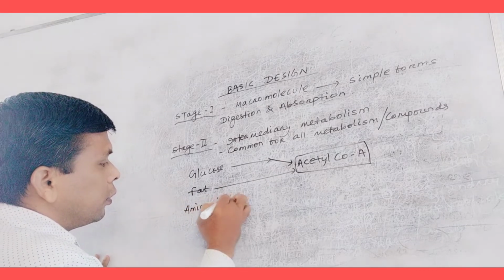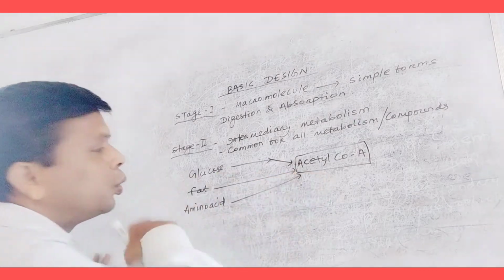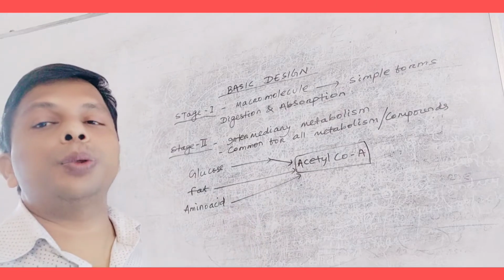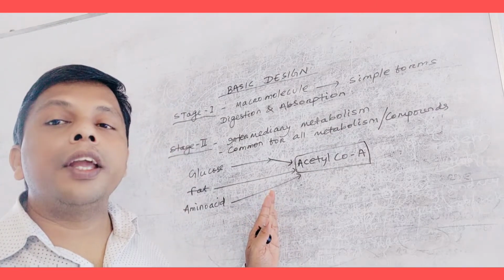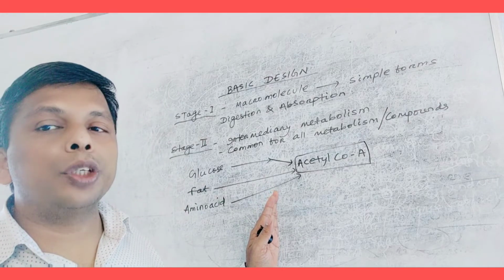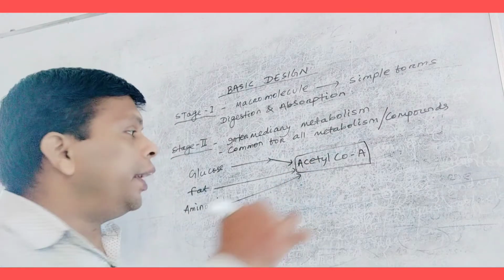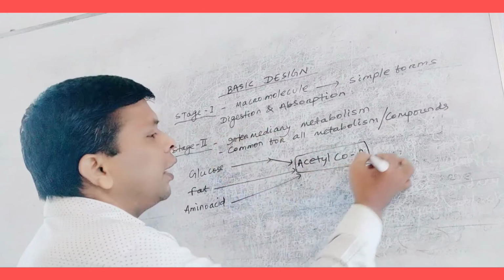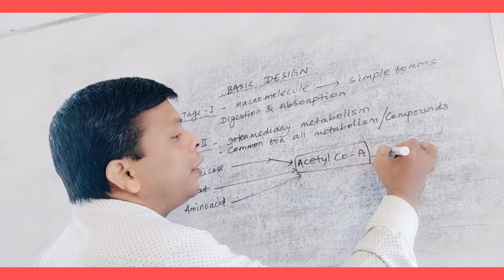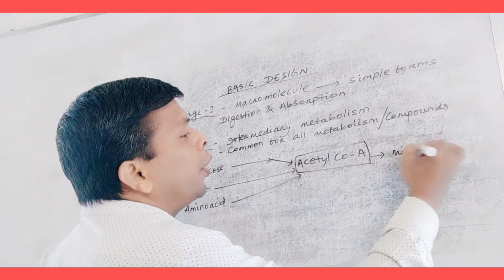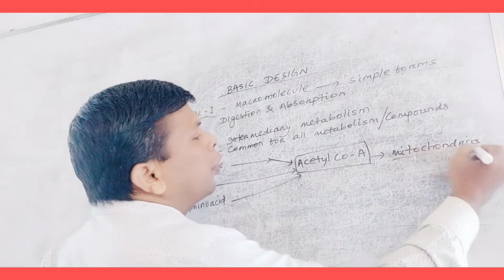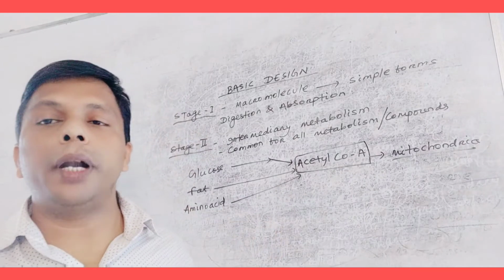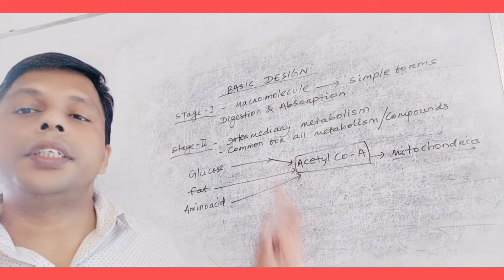The amino acid also produces acetyl coenzyme A by splitting of its carbon chain. So, the intermediary compound of stage 2 enters the mitochondria for further metabolism. Clear? It is stage 2.